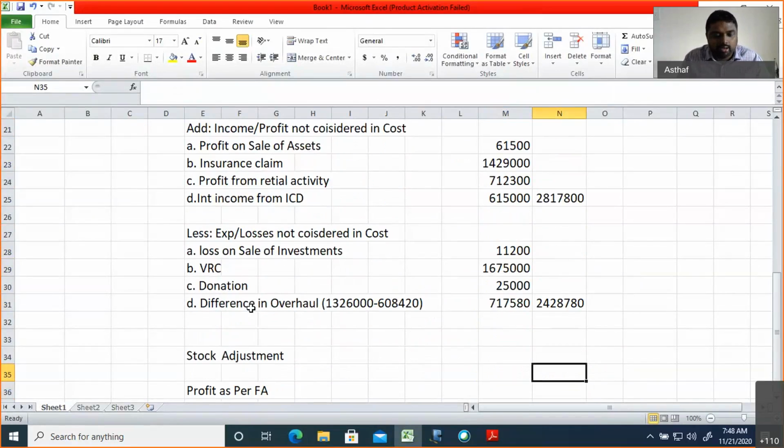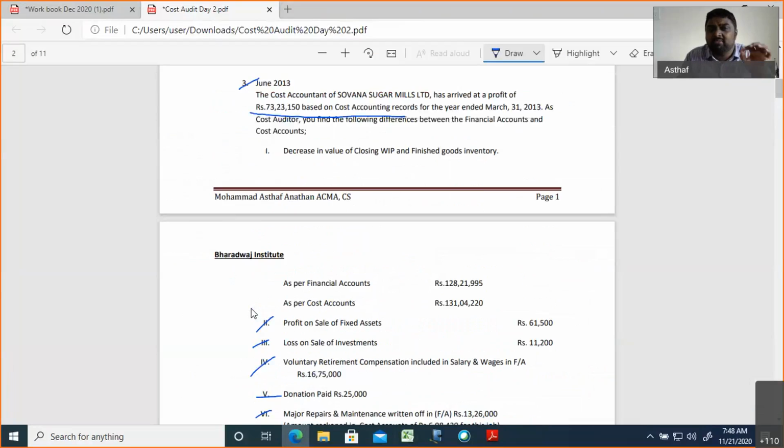Stock adjustment. So what about the stock adjustment? Listen very well. It tells the decrease in value of work in progress and finished goods. Decrease means that will bring down the profit. The cost is decreased more.